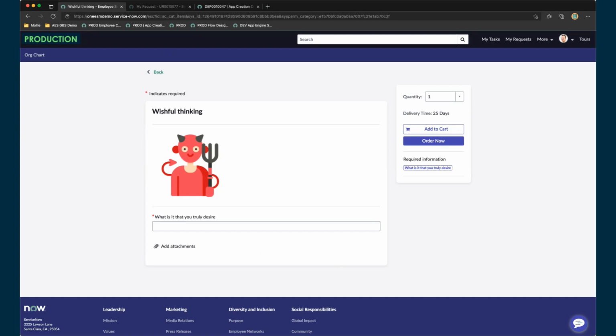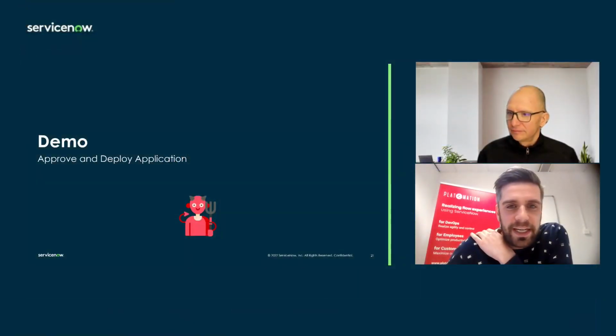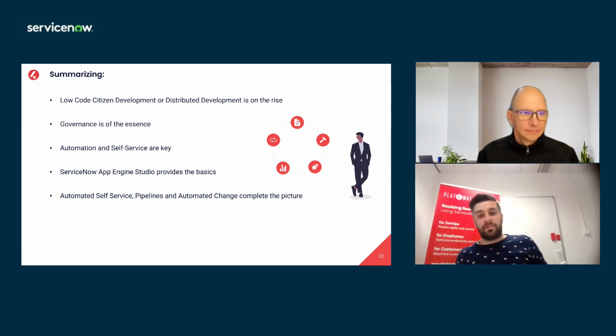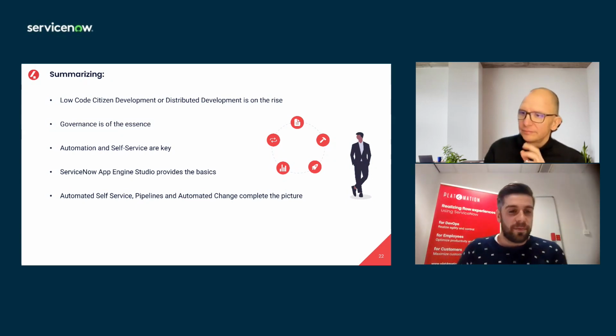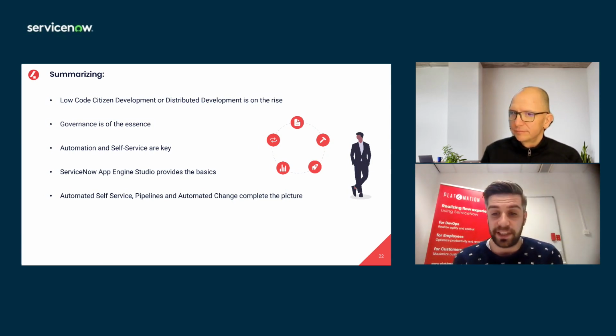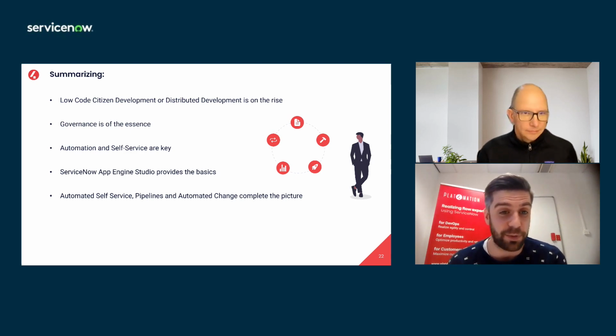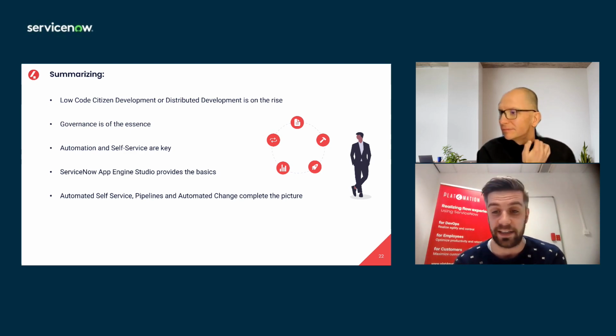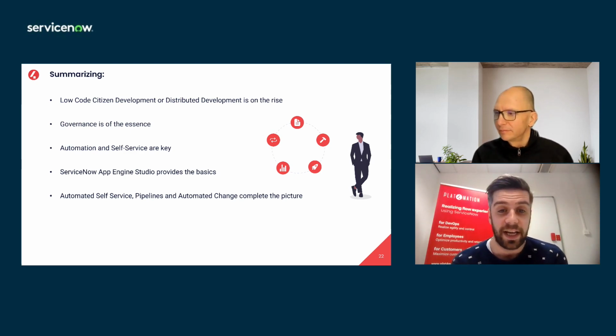Yes, wonderful. Thanks. So indeed, when we have the slides back, summarizing, what is it that we've been doing? Well, we've seen citizen development, or distributed development, is on the rise, and it's going to stay, I think. What we've seen is governance is of the essence.